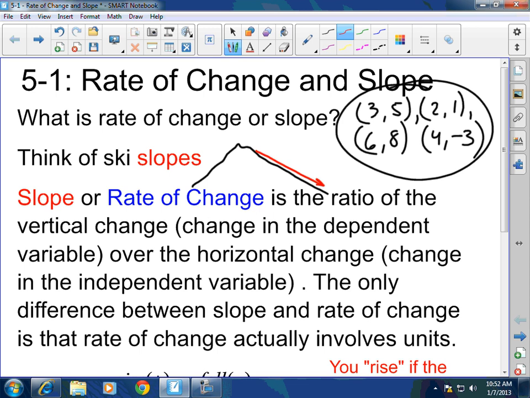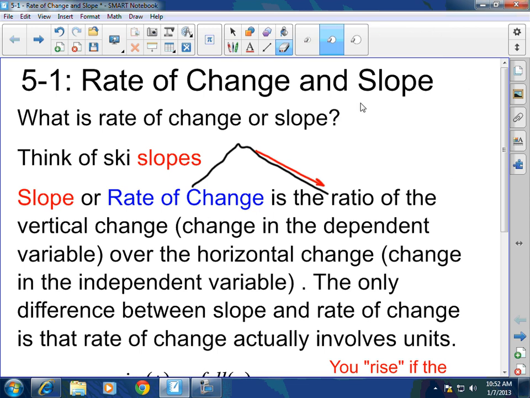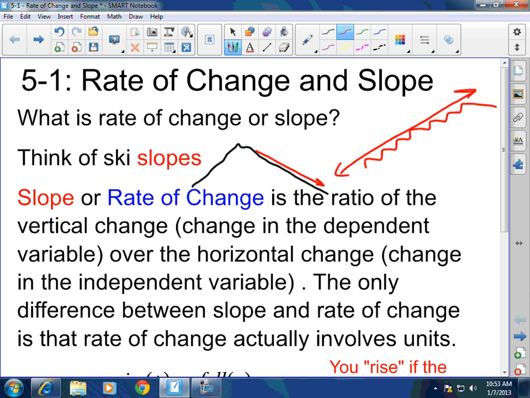When you go upstairs in a house or in a building, you're going up. When you connect all these dots, that's a straight line. And those stairs had a slope, okay? So a slope, or the rate of change, is the ratio of the vertical change, that's the change in the dependent variable. Who is the dependent variable again? X or Y?